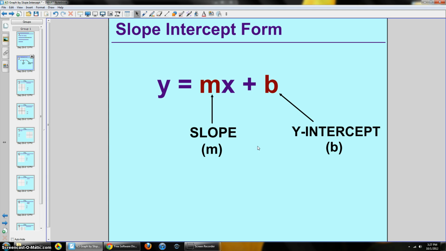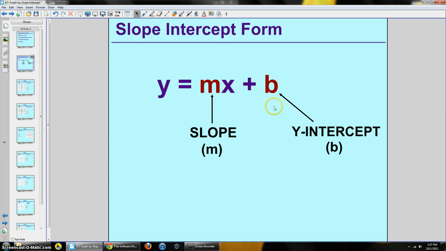That's your rate, that's your change. All those things mean the same thing. The number that is not multiplied by x, or that is added on to it, will be this b value, and this b value stands for your intercept. This is the y value of the y-intercept when we use it to graph.